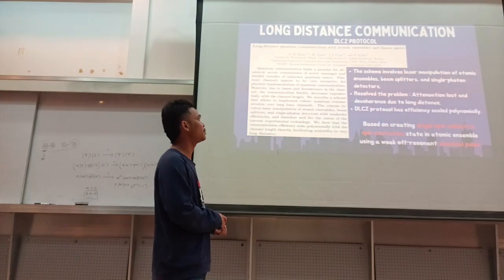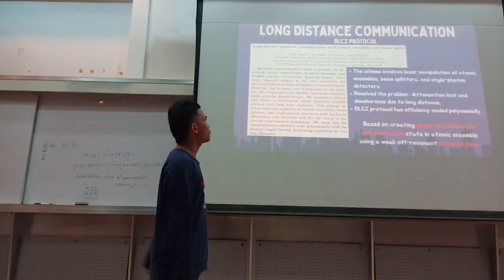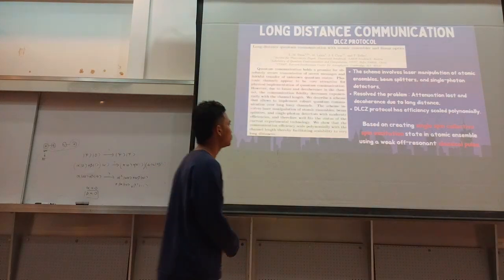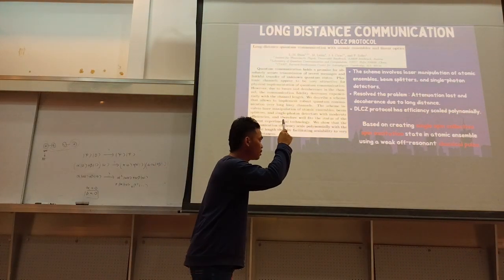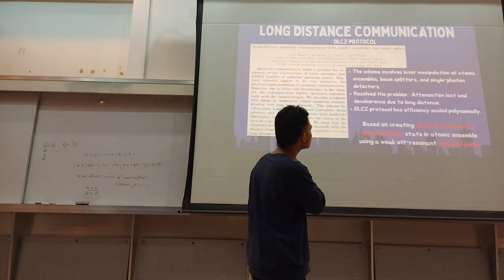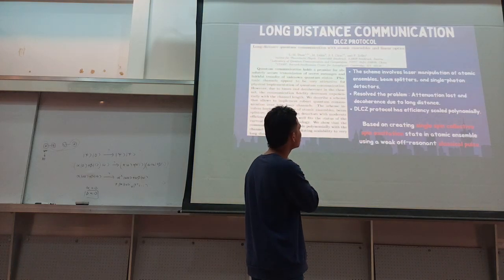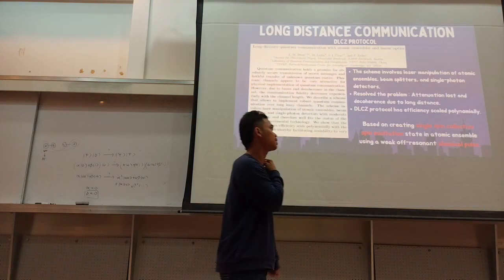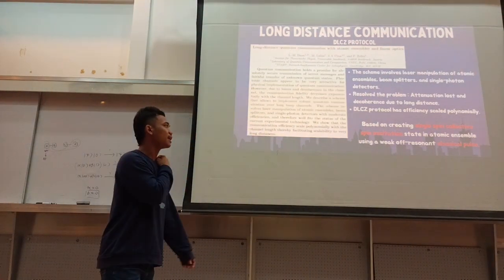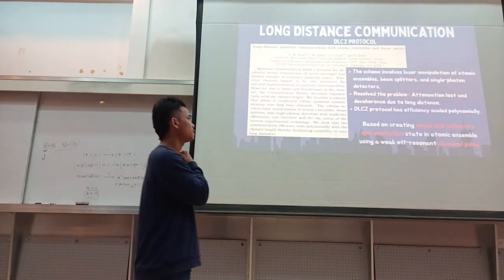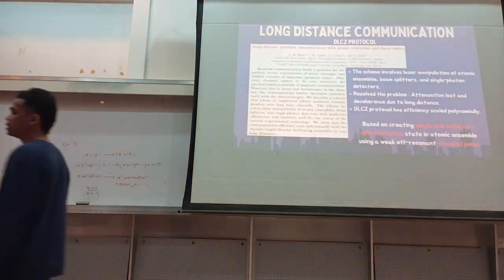But the idea is basically that we want to create a single collective spin excitation. Sorry, that's a typo. In an atomic ensemble using weak off-resonance classical pulses. So what is meant by this?